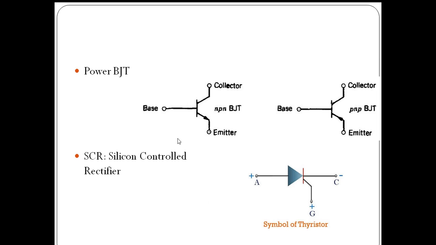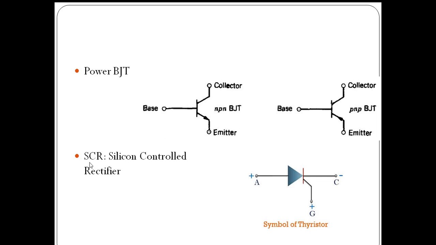So here it will be having terminals emitter, base, collector, and for NPN transistor, current is flowing towards emitter. And similarly for PNP transistor, same circuit, same terminals, but the current direction is towards base. Here the current is from base to emitter, NPN transistor.